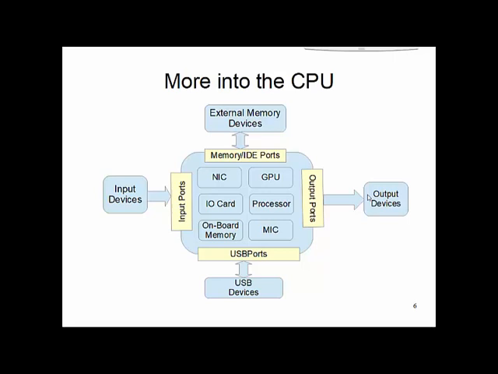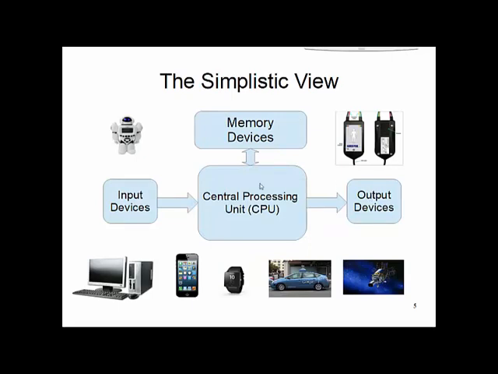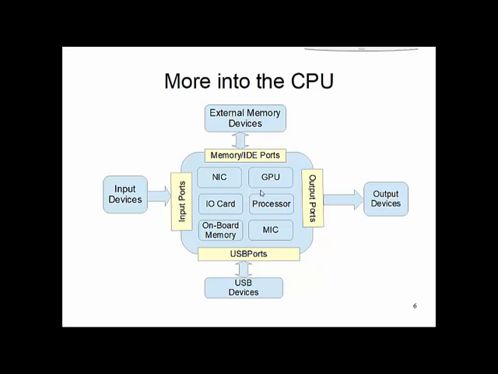In fact, if you open up a modern computer, any of them, you'll see certain subcomponents inside it. In the previous slide, we were talking about the central processing unit. Now, if you open that up, you will see various subcomponents inside it. Maybe some NIC, or network interface card, for network communication. There may be a GPU, graphics processor unit.